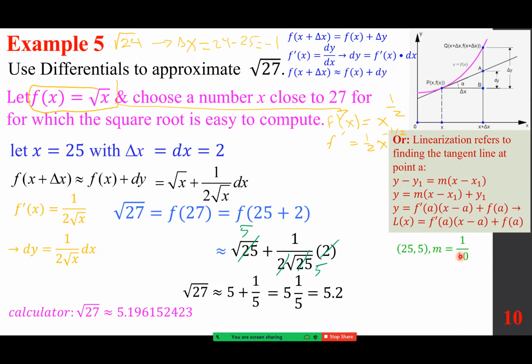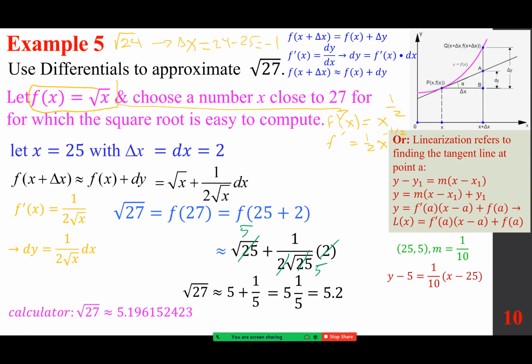y minus y1 means y minus 5 equals m, 1 over 10, times x minus x1, that means x minus 25. I'm going to assume you can distribute and then add and subtract whatever you want.